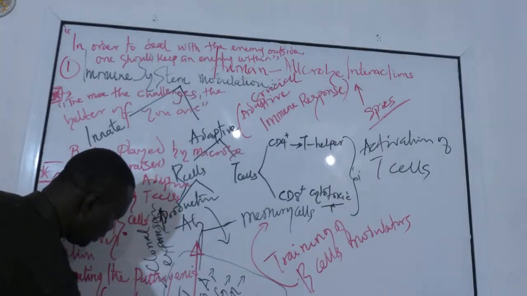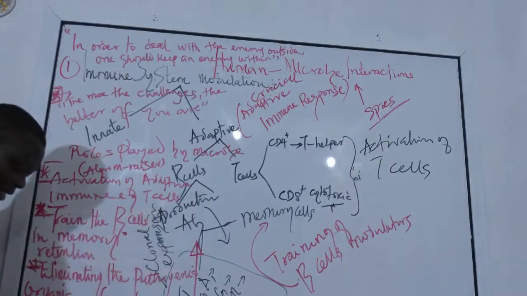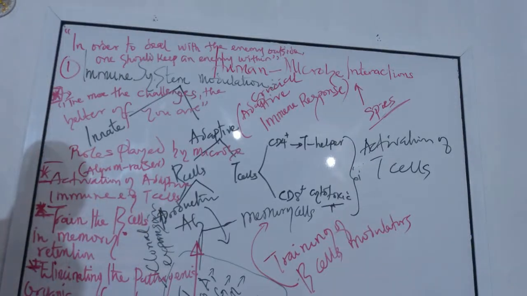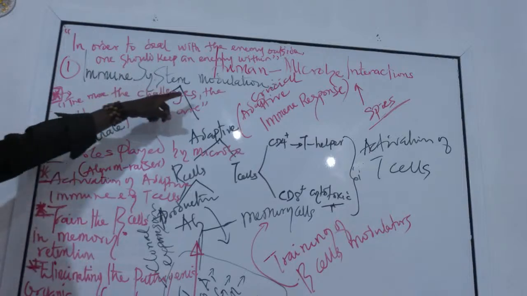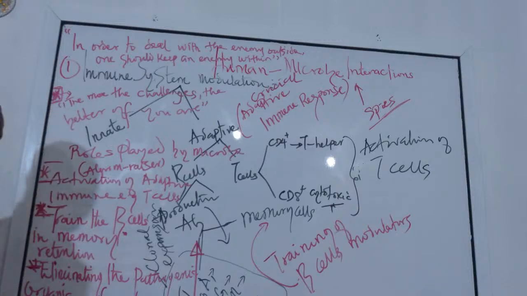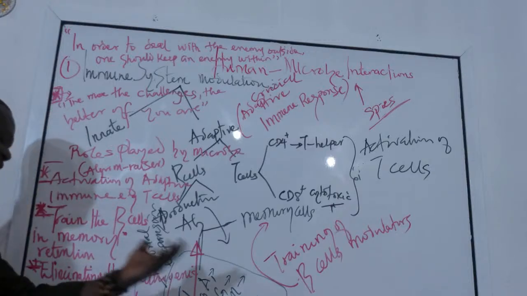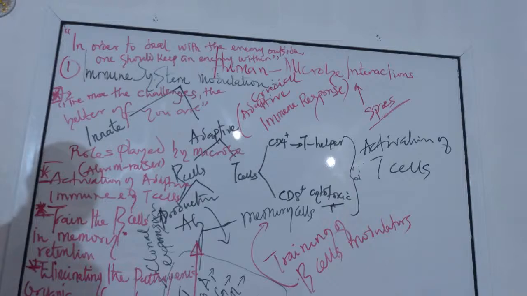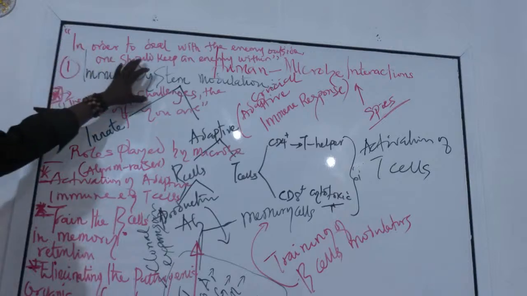What it means is that after you must have fought against your enemy by using a lot of weapons, you need something to clear off the debris. So the microorganisms in your body will also help in removing the debris of the enemy. They also help you in restoring, and that's why they call them immune modulators.